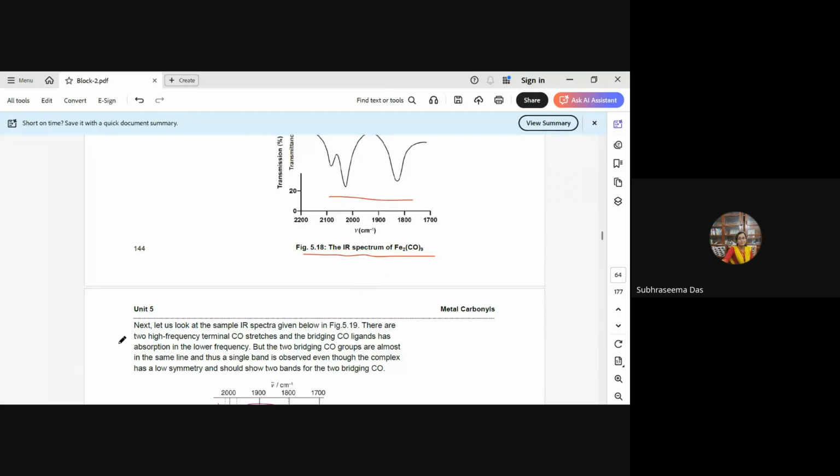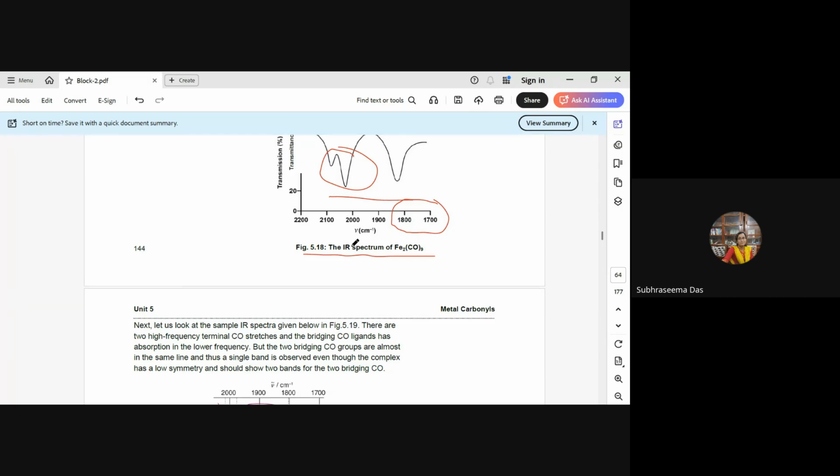We see there are two high frequency terminal CO bands, and the bridging CO ligands always absorb at lower energy. We should always remember that the bridging carbonyl groups absorb in the range of 1800 to 1700 cm^-1, but the terminal CO groups absorb in the high frequency range, from 1900 to 2200 cm^-1.